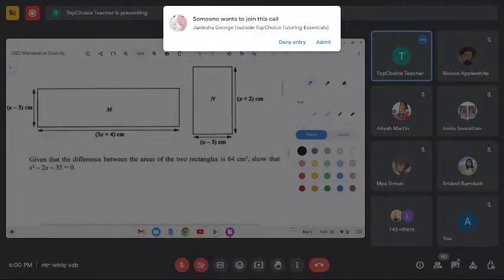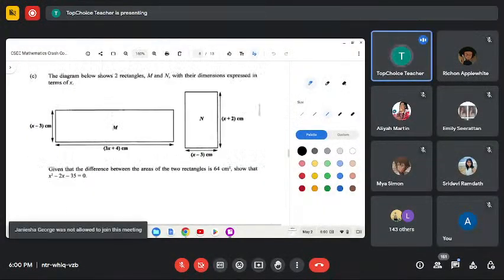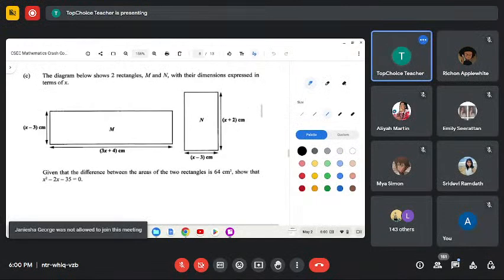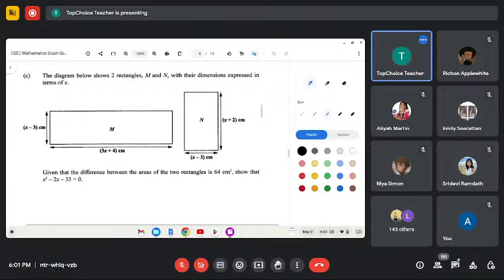So let's begin. We're starting off today with this particular question. The diagram below shows two rectangles M and N with their dimensions expressed in terms of x. Given that the difference between the areas of the two rectangles is 64 centimeters squared, show that x squared minus 2x take away 35 is equal to 0.